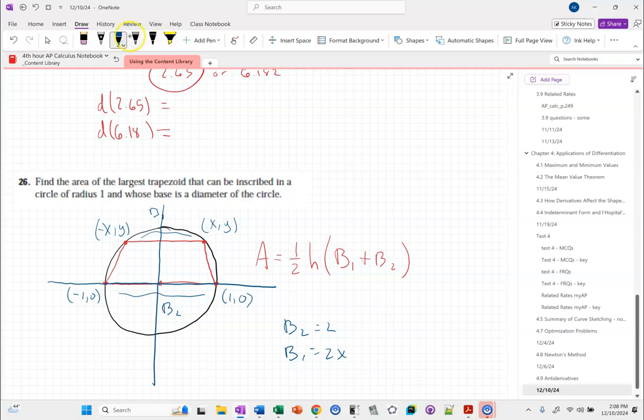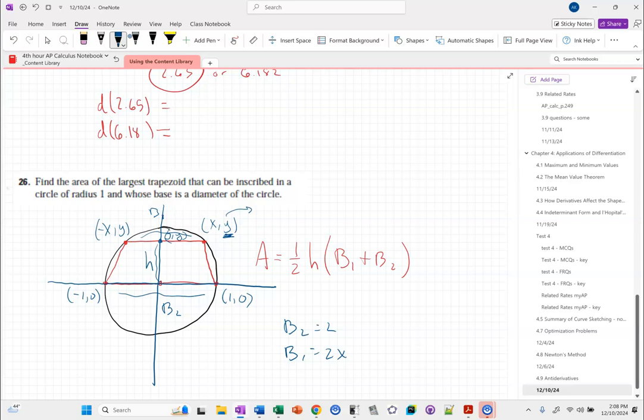So the good news is that this distance is the height here, right? It's the y of that point, correct? That's the same y as right here. Everybody's okay there? And how can I rewrite that y in terms of x?